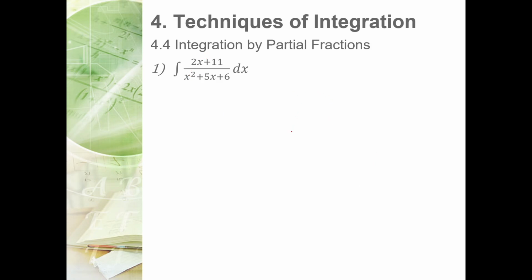All right, so let's try to understand first number 1. The first thing that you need to do is solve this using partial fractions first before you integrate. So meaning the integration comes later. You have to use partial fractions first, then after simplifying using partial fractions, that's the time that you're going to integrate your equation.